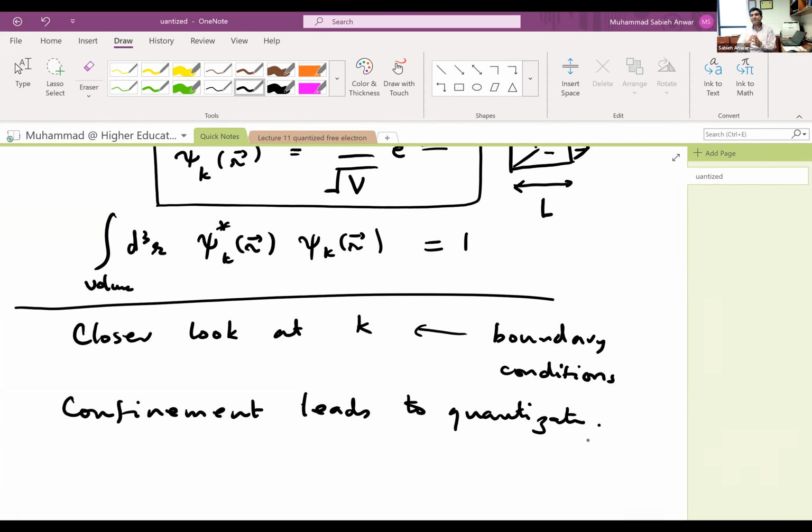Its momentum, its wave number, and its wavelength could be anything. But once you restrain the electron to remain within a certain volume or on a certain length, the value of k becomes quantized.